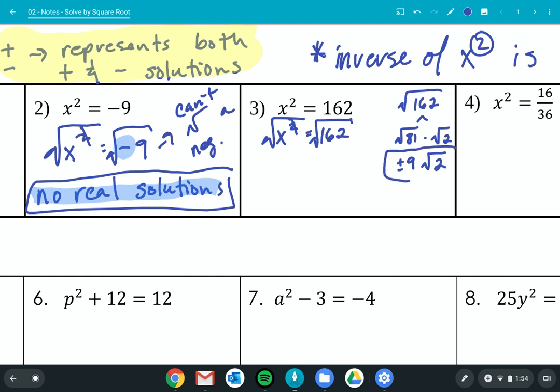In this case, the square root of 2 doesn't simplify anymore. So my answer is plus or minus 9 times the square root of 2. And these two numbers are the exact same thing as my original problem. So there we go.